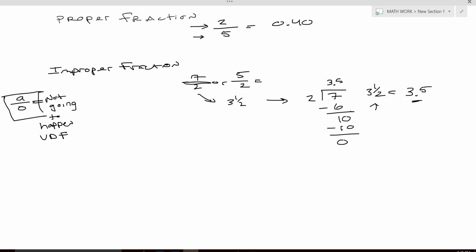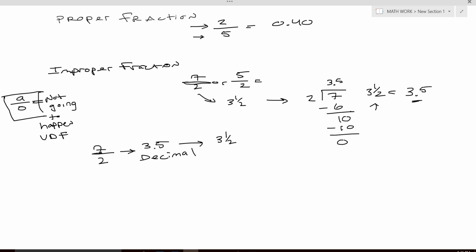So what else can we say about fractions? We said that 7 halves, looking at 7 halves again, is either 3.5, which is explained or demonstrated as a decimal, or we have it in its mixed number format, meaning a whole and some fraction.